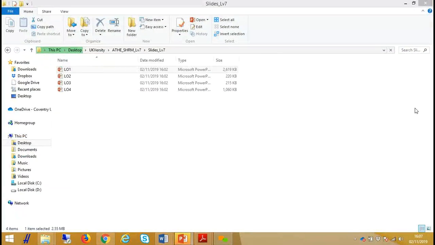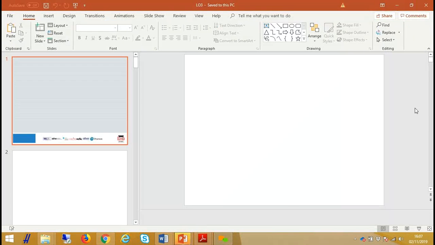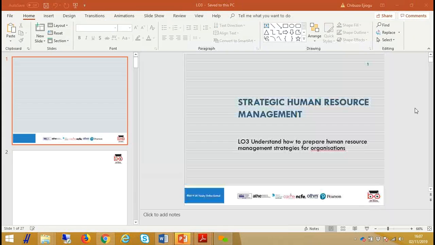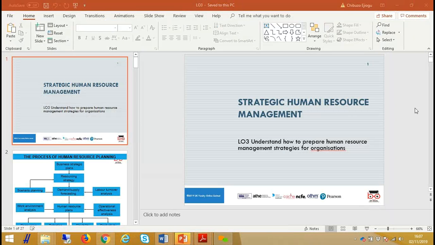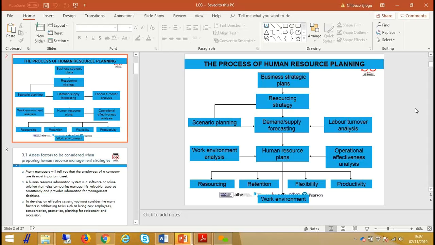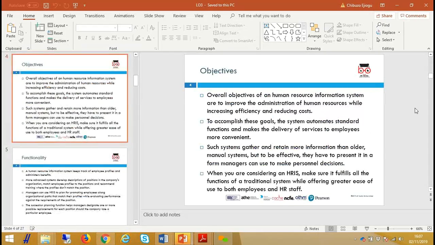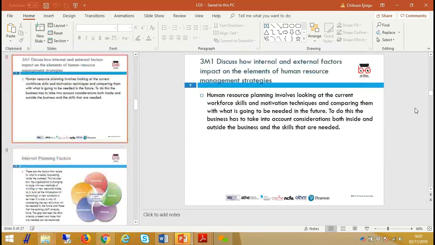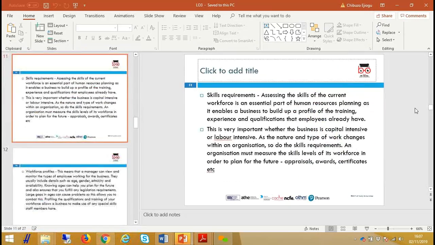Someone has swapped the slide, so 1 second. I will just make sure I'm using the most up-to-date version. There's a lot of noise in the mic.